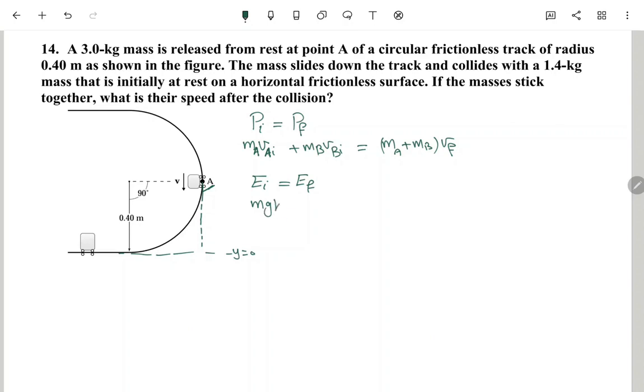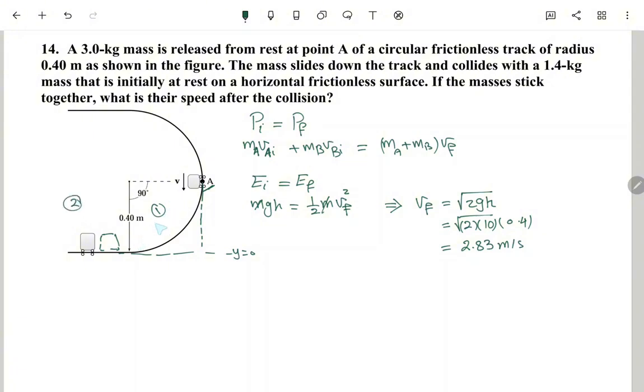So mgh equals, now at this position right here it has kinetic energy and no potential energy whatsoever, so half mv final squared, and mass with mass cancels, so V final before the collision is equal to the square root of 2gh, or square root of 2 times 10, and h in this case is 0.4, so V will be equal to 2.83 meters per second.